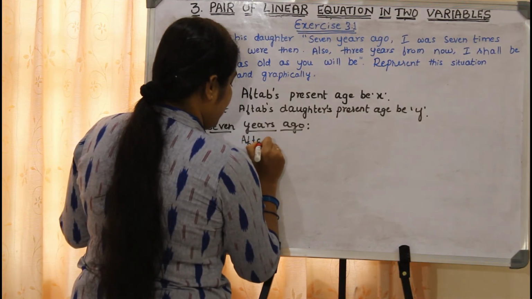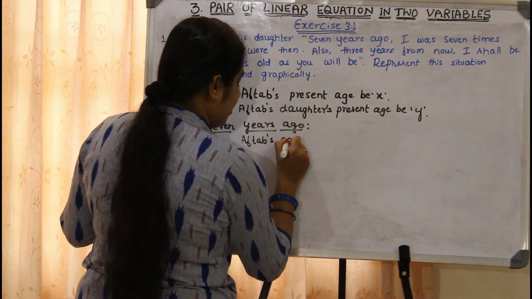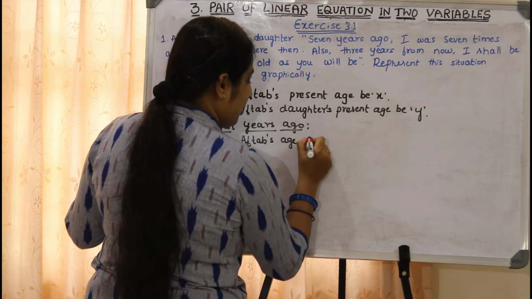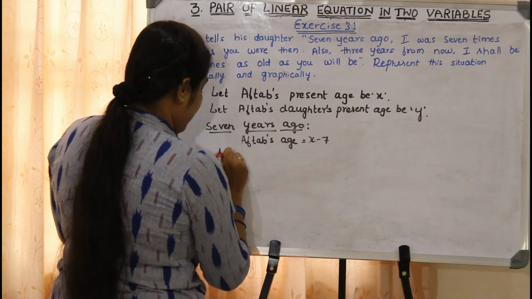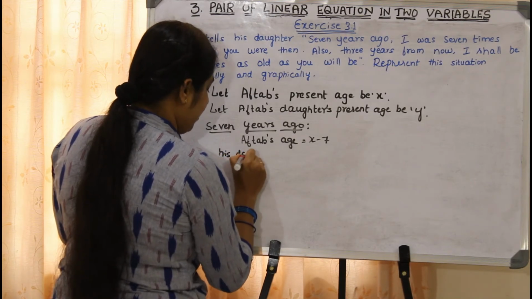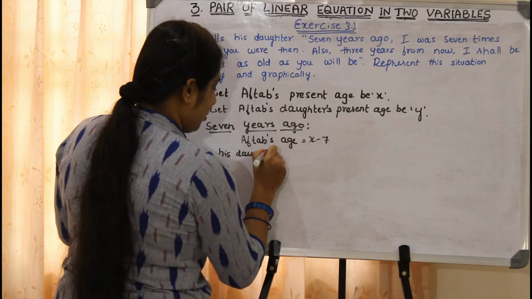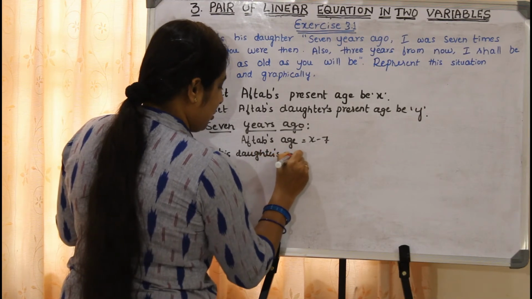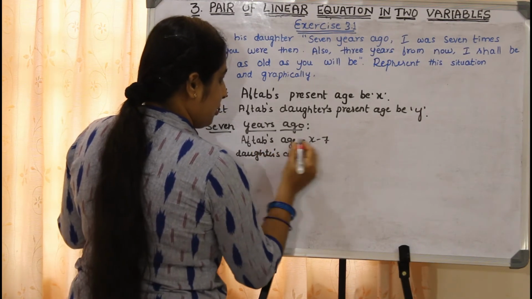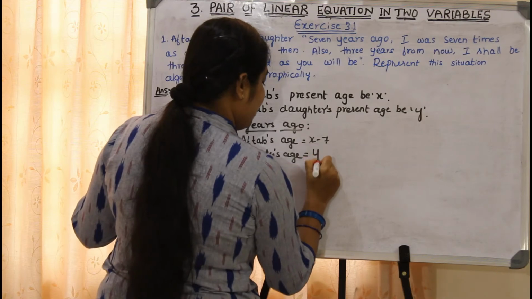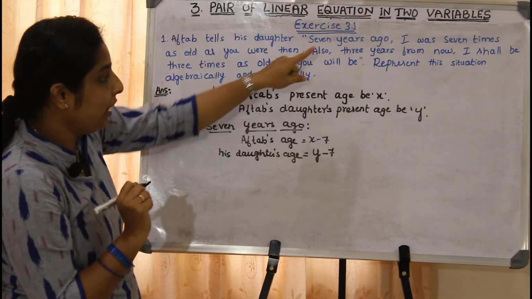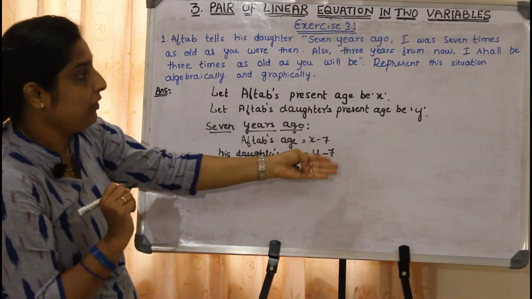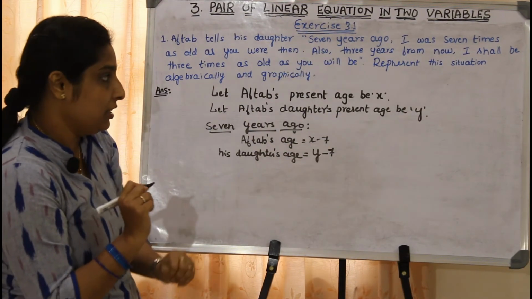Aftab's age is equal to x minus 7. Likewise, his daughter's age is equal to y minus 7. So what is the condition given? What was the relation between their ages 7 years ago?